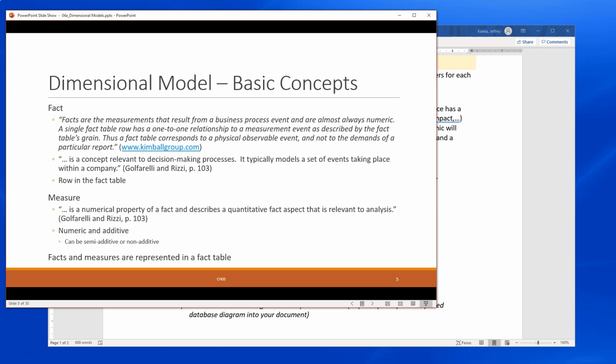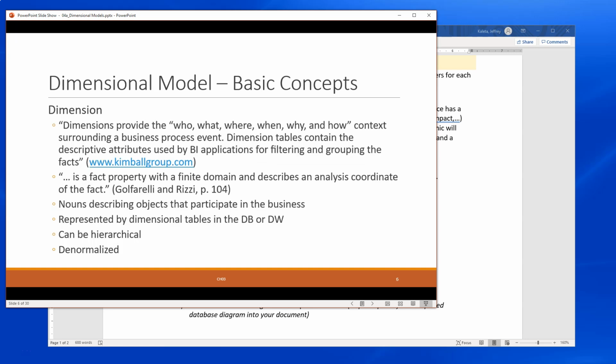All right. So now a dimension is a who, what, where, when, why, and how type of context around our business process event. One of the easiest ways to consider what a dimension is that dimensions are nouns, right? They can be hierarchical, and if you're familiar with table normalization, these can be denormalized.